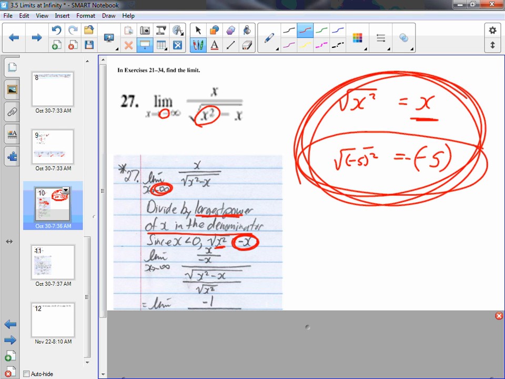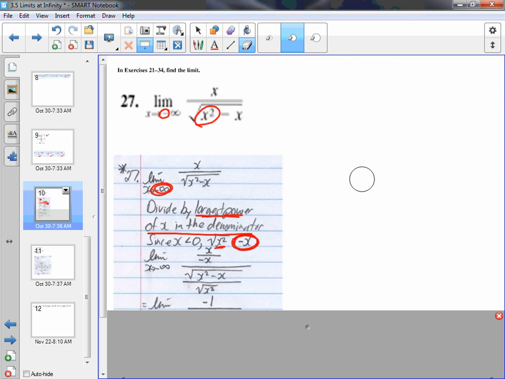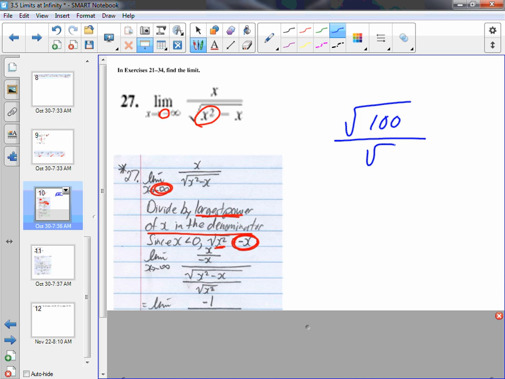And then the denominator. Remember, I guess it's algebra 2. Is algebra 2 where you spend a lot of time on radicals? Or do you even spend a lot of time on radicals anymore? You may remember this. If I've got the square root of 100 divided by the square root of 4, I can make that the square root of 100 divided by 4, like that. Remember doing that?